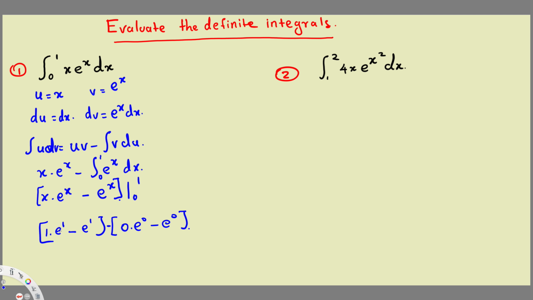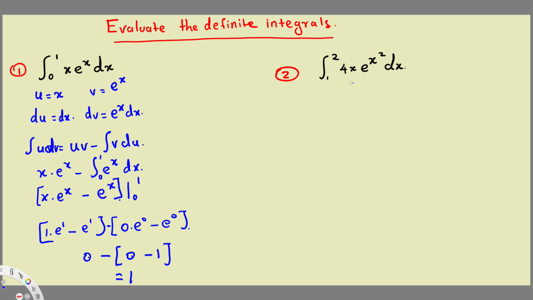So if you subtract e^1 minus e^1, that's going to be 0. And 0 multiplied by e^0 is going to be 0. And e^0, any number to the power 0 is going to be 1. So here we are going to get 1. Then we only have negative 1 remaining, so the minus is going to be plus. So the final answer is plus 1.